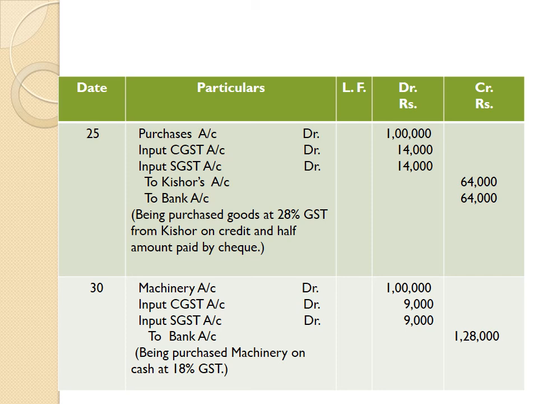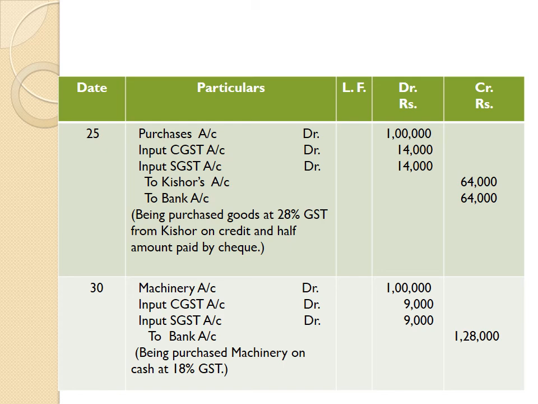This 18,000 has been divided into two parts, that is central government and state government. For the purpose of purchase transaction, we are recording input GST. It may be central government, it may be state government. So purchased machinery on cash, machinery account debit 1 lakh.